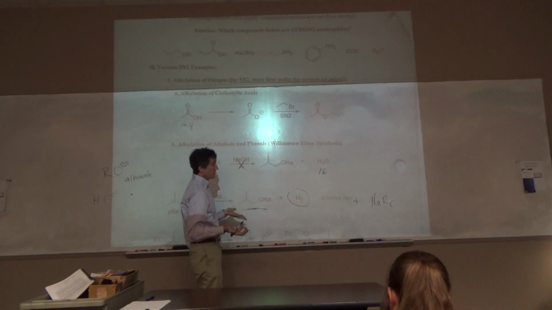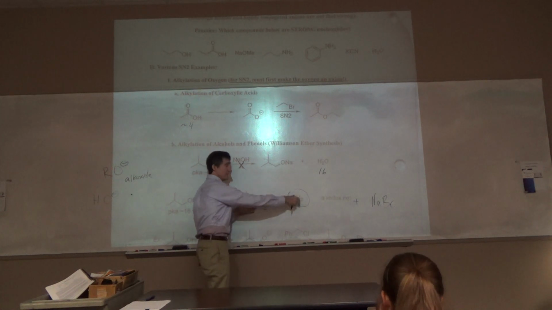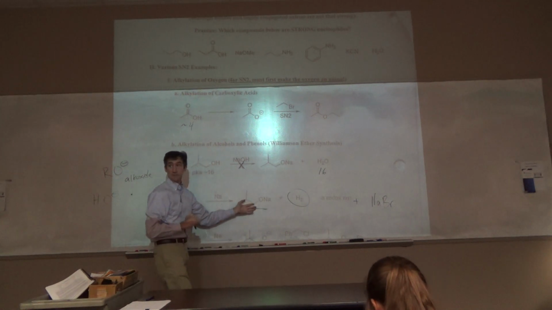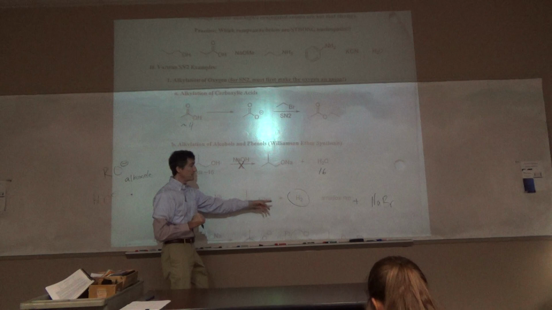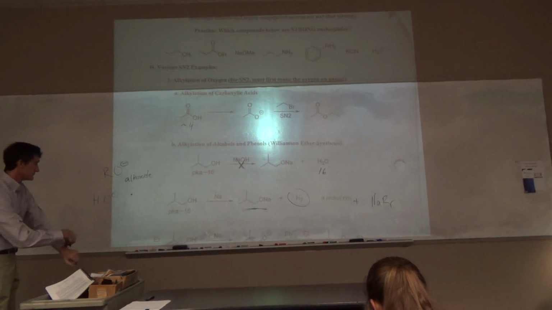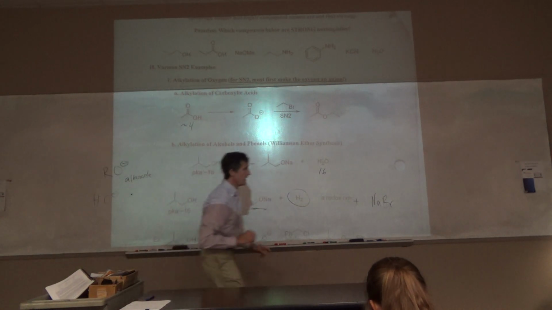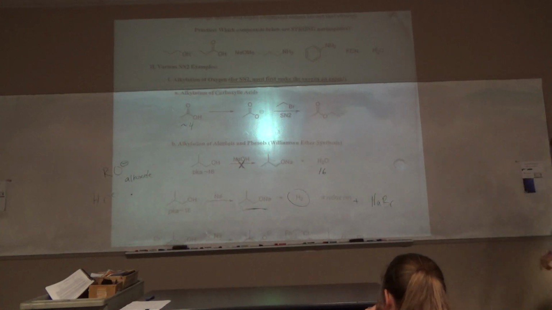But down the road, maybe you use the same reaction to generate hydrogen. Typically when you do this, you just let that go out the hood. But sometimes you may want it. It's a way to generate hydrogen. Okay, but we made our alkoxide this way, so now we can do a reaction down below.